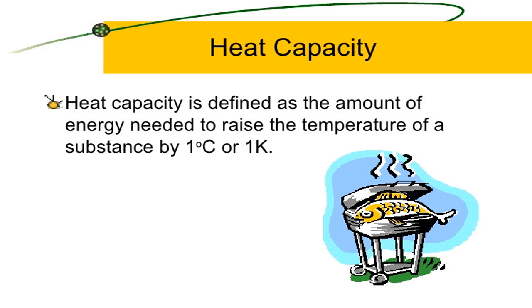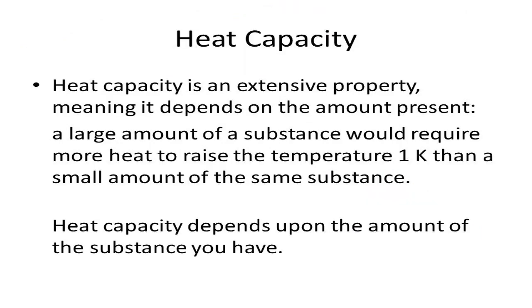So if the present system is at 37 degrees centigrade, to raise the system to 38 degrees centigrade, just by 1 degree, how much energy is required? That is the heat capacity of that substance which is under the system. That is the definition of heat capacity. Now, heat capacity is an extensive property.